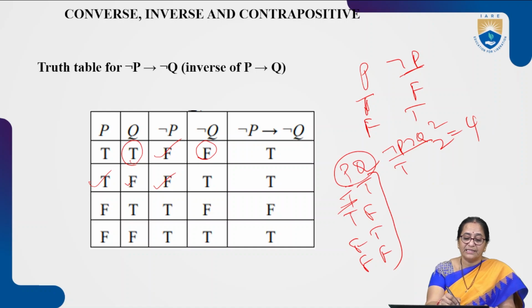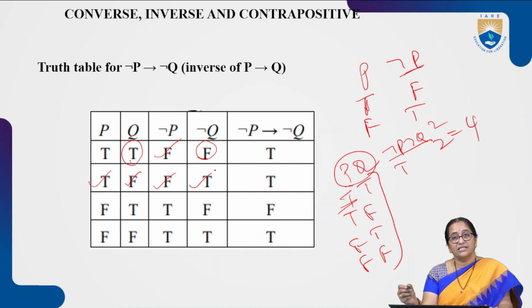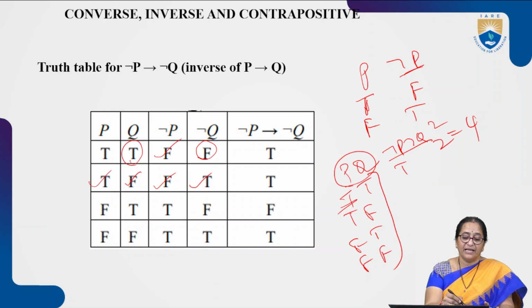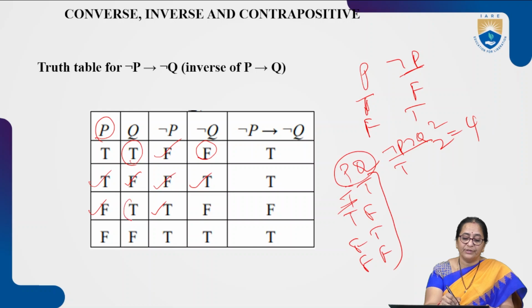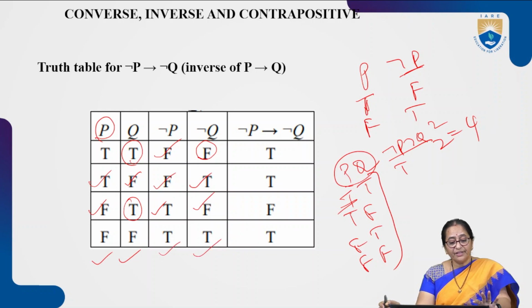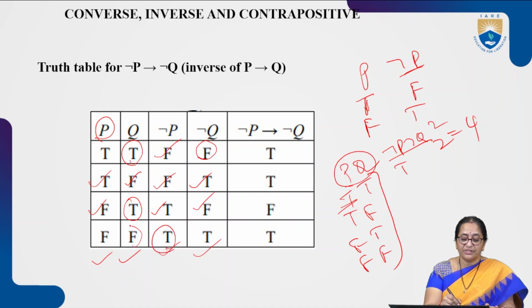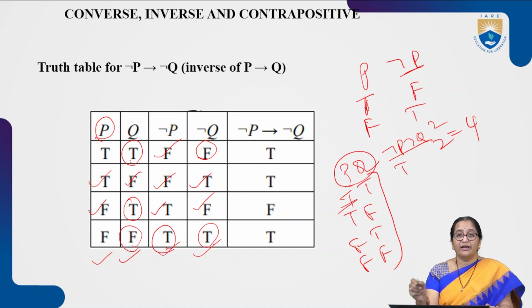If the value of Q is false, then the truth value of negation Q is T. Similarly, if the value of proposition P is F, the resultant value of negation P is T. For Q also, if the value of Q is T, then its negation is F. If both are F, then both negations are T. Yes, we have the negation P and negation Q values.